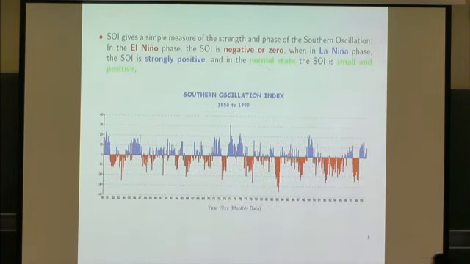This is the index, the Southern Oscillation Index. The blue parts represent more of a La Niña phase, and the red parts represent an El Niño phase. You look at this picture, for instance: this whole system was in one phase and suddenly jumps to a very strong phase. So there were this type of oscillations.